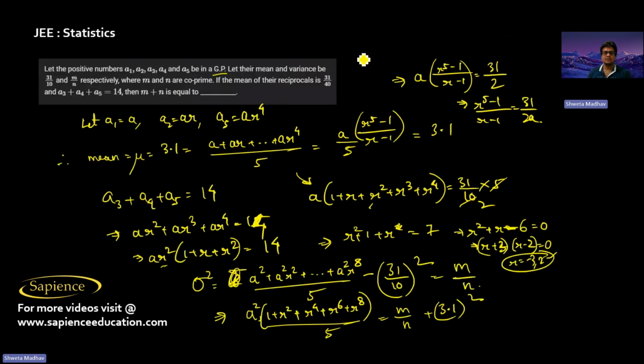So we need to find the value of m plus n. So m plus n will be 186 plus 25, that is 211. So 211 is the answer.